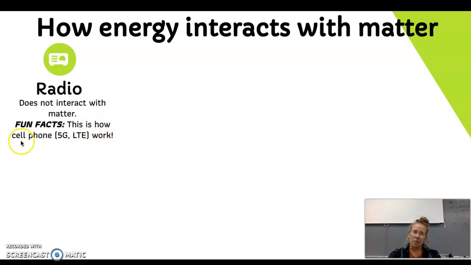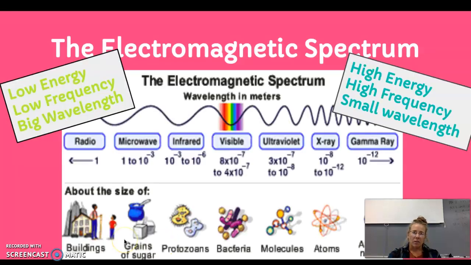This is how cell phones work, 5G and LTE. The reason that you can make a cell phone call and you don't hear other people is because you're all on a different wavelength, right? You're all on a different frequency. If you look back, going from a building size to a grain of sugar, that's a lot of different wavelengths between there, right?